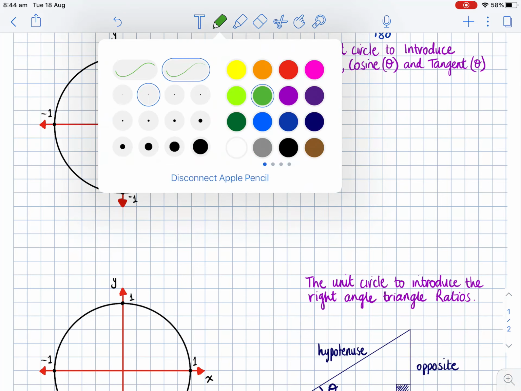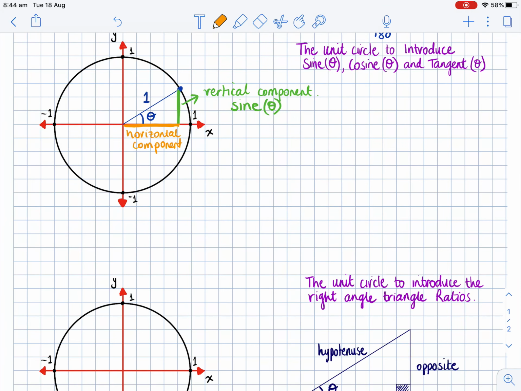And then the horizontal part, they decided to call cosine, and it functions based on the angle. So we've set up these two functions, sine and cosine, which are dependent on the angle, but cosine's the horizontal distance and sine's the vertical distance.